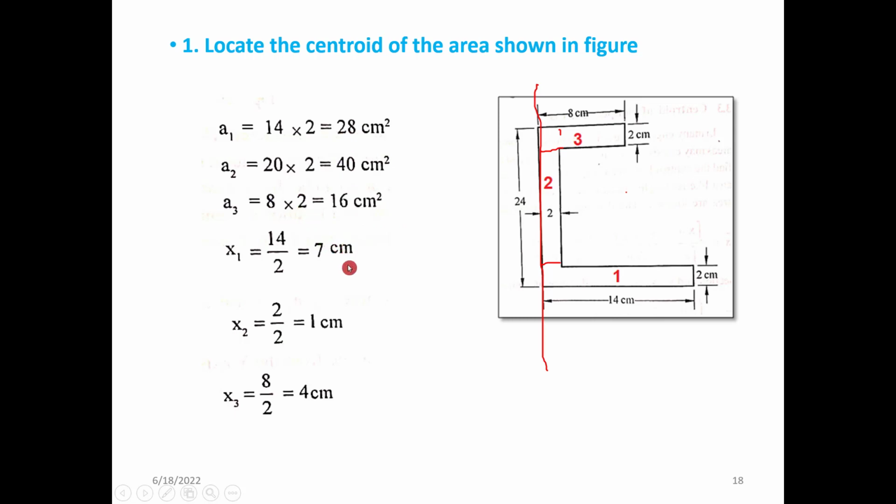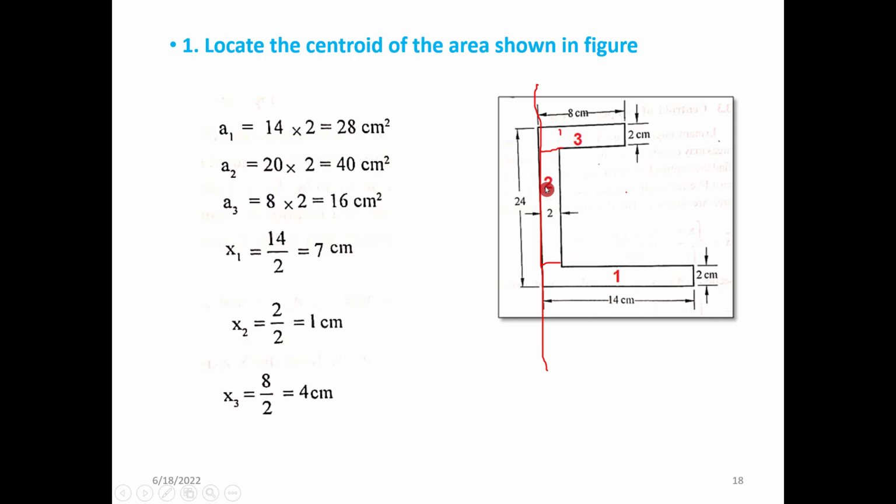Now to find the x bar, we should know the x1, x2, x3 of the individual rectangles. x1 means for the first area, we know that from the left edge the centroid is at a distance of width by 2. So the total width 14 centimeters by 2 is 7 centimeters.